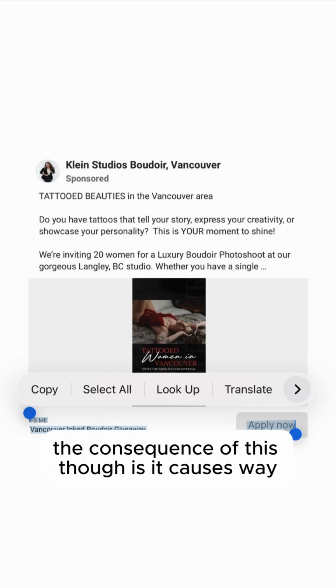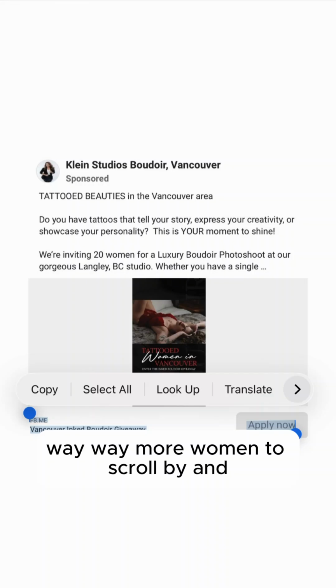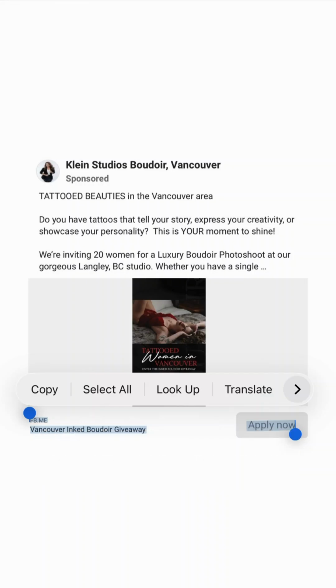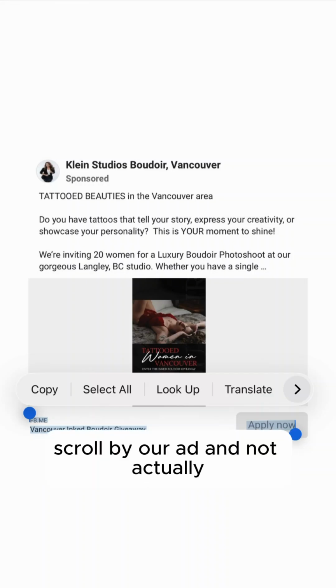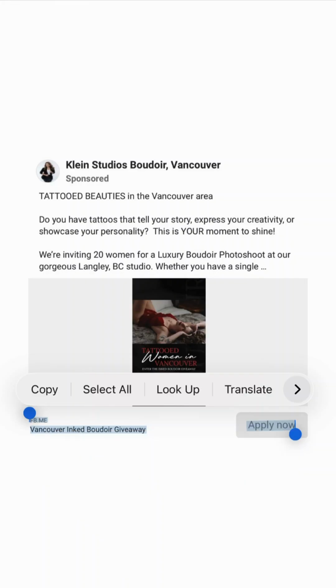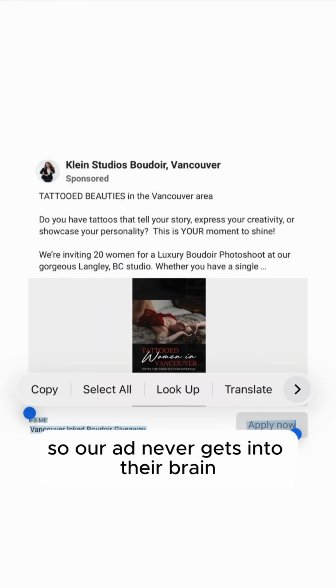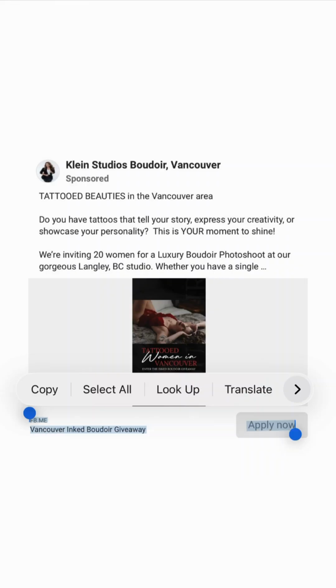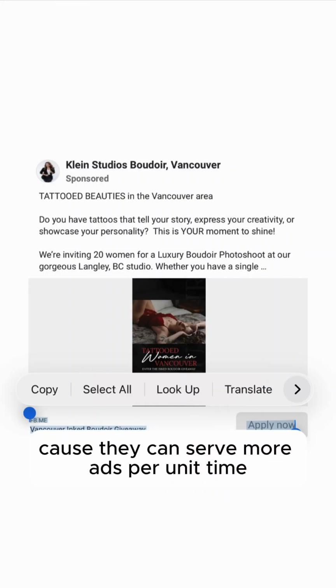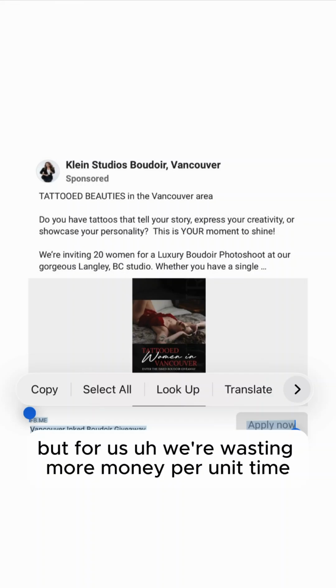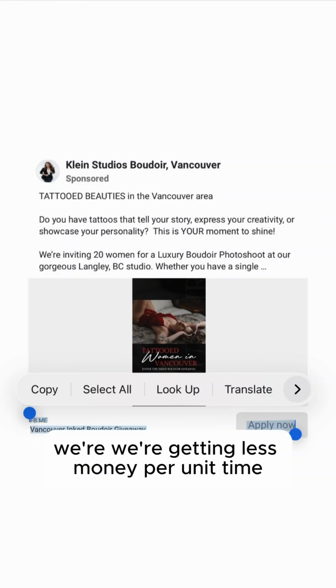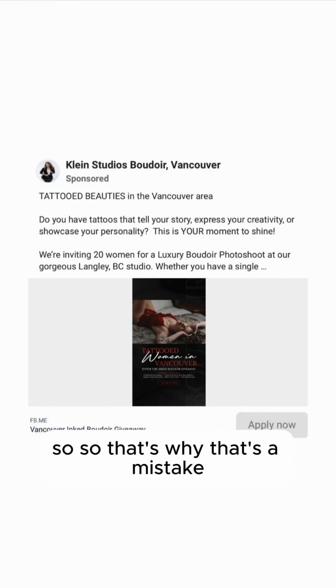The consequence of this, though, is it causes way, way more women to scroll by our ad and not actually click, so our ad never gets into their brain. But Facebook likes that because it can serve more ads per unit time. But for us, we're wasting more money per unit time. We're getting less money per unit time. So that's why that's a mistake.